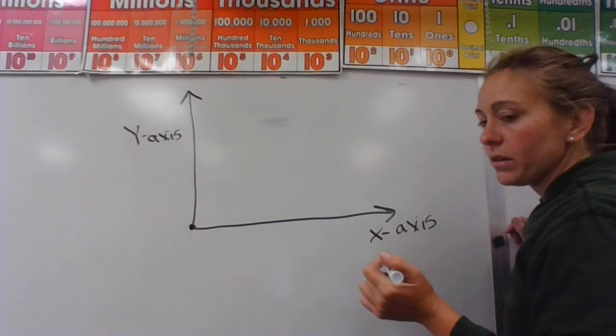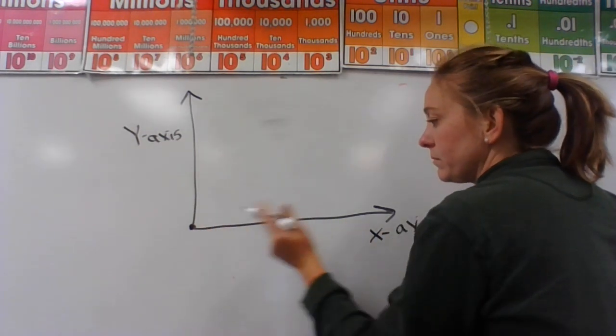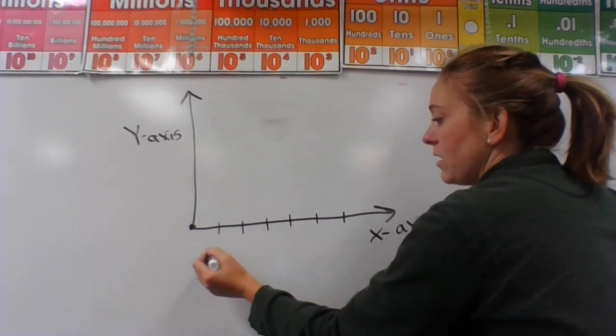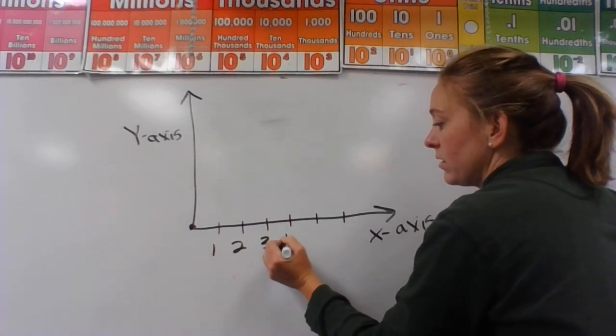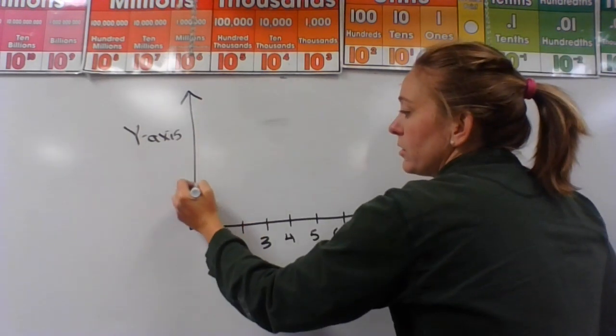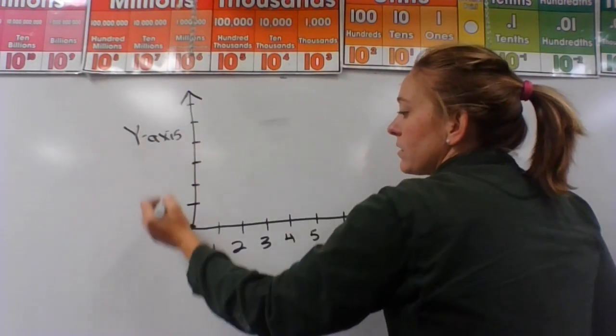So when you're graphing something, you'll have numbers going across, for instance, 1, 2, 3, 4, 5, 6. We'll just put those now. And you'll have numbers going up the side, like 1, 2, 3, 4, 5, 6.